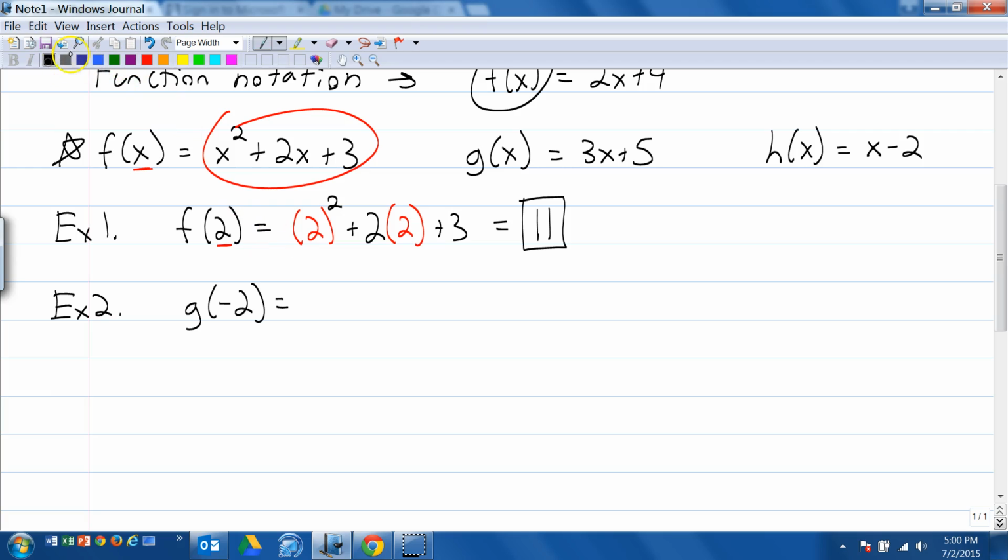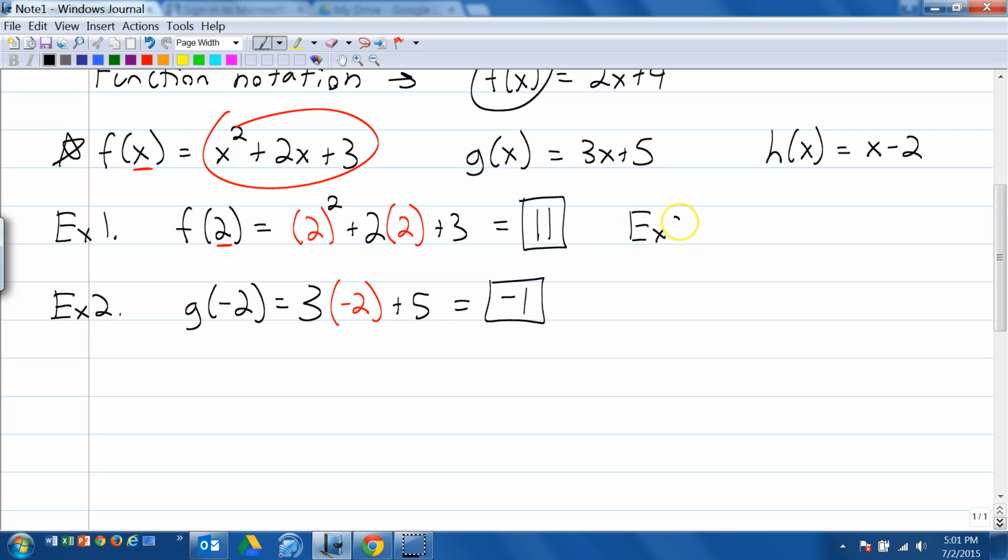So the 3 stays the same. The x turns into a negative 2, plus 5. If I evaluate the g function by inputting a negative 2, I get negative 6 plus 5 is negative 1.